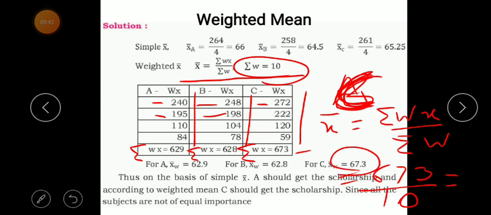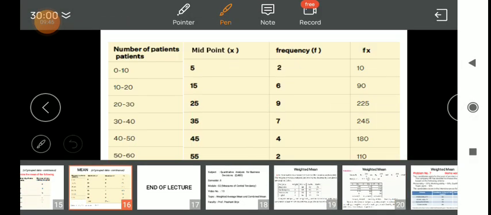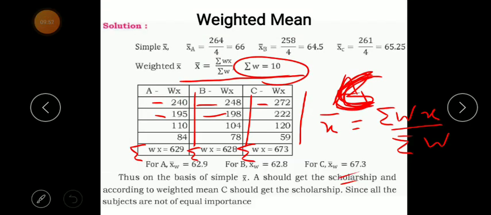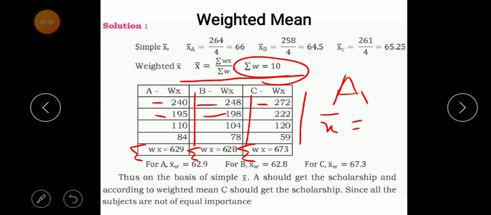Okay, so now we have found out everything, that is the simple mean of all the three, and we have also found out the weighted averages of a, b and c. The calculations have not been shown here. For A, B and C, you have to show that below the table, just like how we had drawn here.